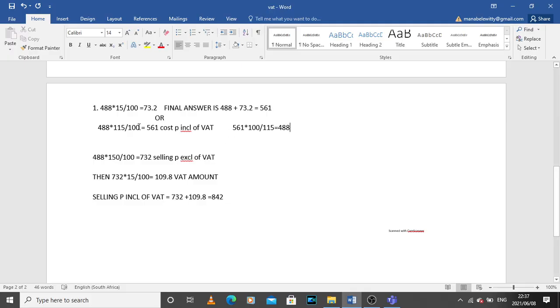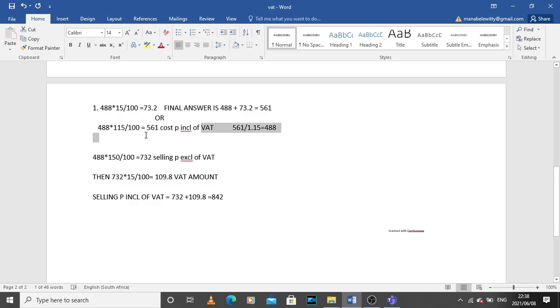Or you take these two, you punch in the calculator, it gives you 1.15, and then you take this amount and divide by 1.15. It will give you 488. This is working from the cost price with VAT to the cost price without the VAT amount.